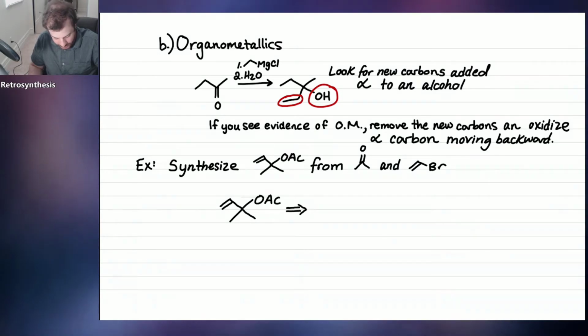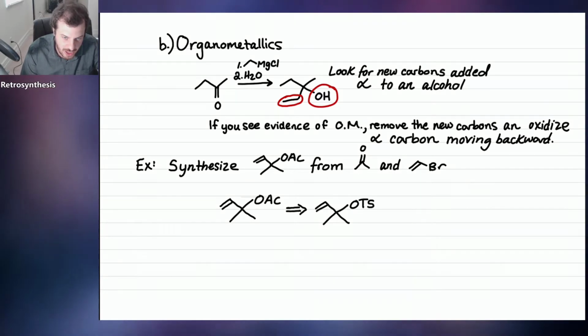So we'll draw a retrosynthetic arrow, and the first thing I notice is we have a what? A dead-end group. And what do we do when we have dead-end groups? We replace them with a good leaving group, like a tosylate or a bromide or a chloride. So let's go ahead and do that. I think replacing with a tosylate is the best idea. So always just replace a dead-end group with a tosylate, and I'll show you why it's the best idea.